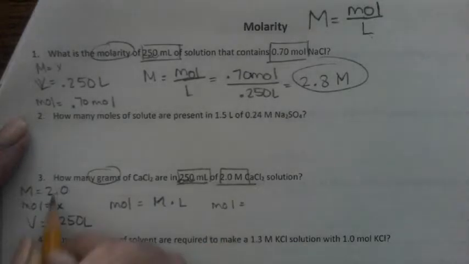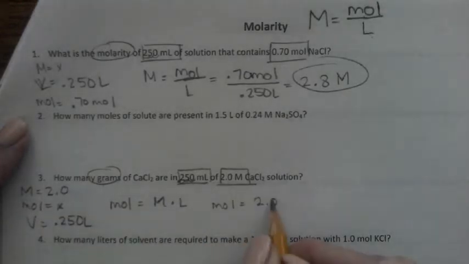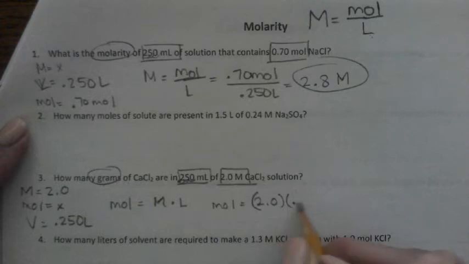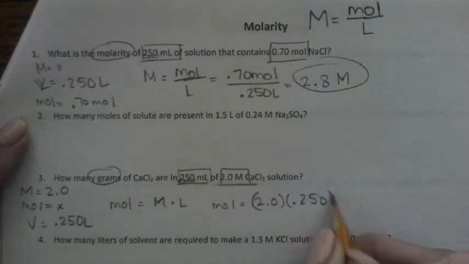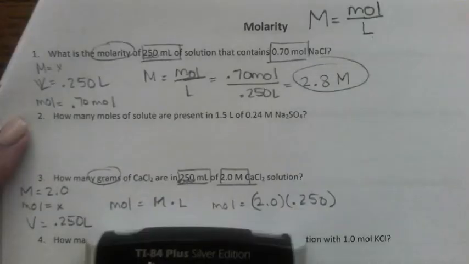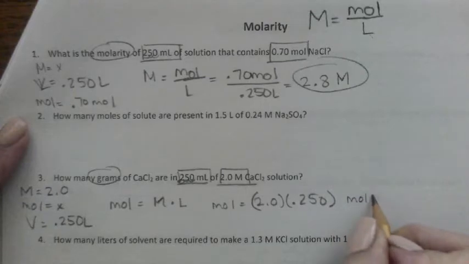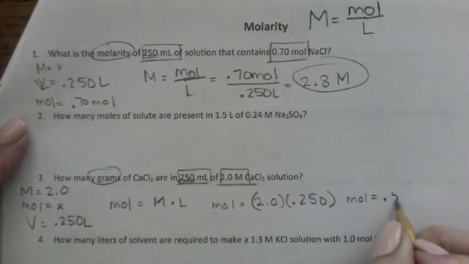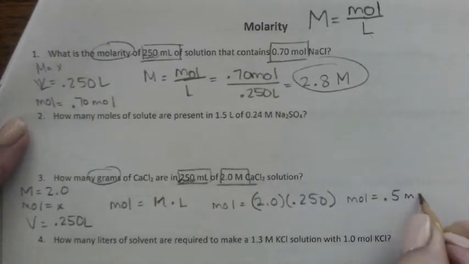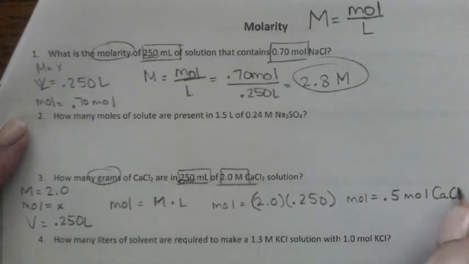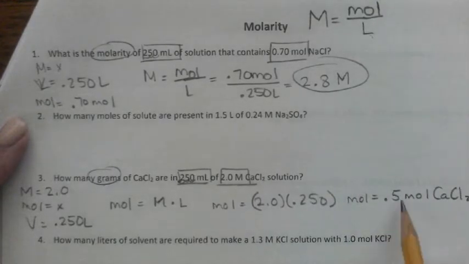Moles equals 2.0 times 0.250. 2 times 0.250 is 0.5. So moles equals 0.5 moles CaCl2. I don't have to round to sig figs. Remember, you don't use sig figs until your final answer.